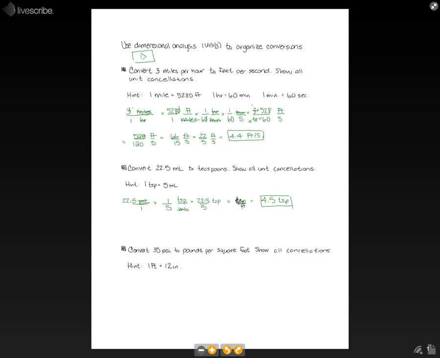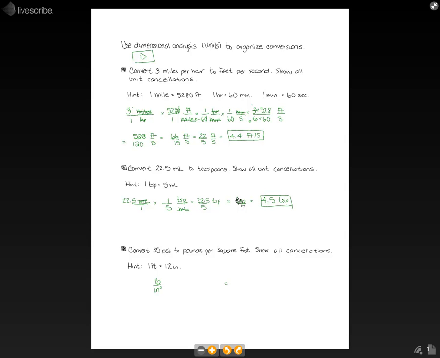Lastly, we're asked to convert 35 psi, or pounds per square inch, into pounds per square foot, showing all unit cancellation. Our hint is that there is 1 foot and 12 inches. First, let's do what we're given originally. We're given pounds per square inch, which when we write mathematically, it will be pounds per inches squared.